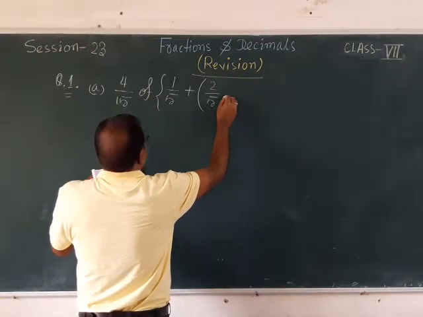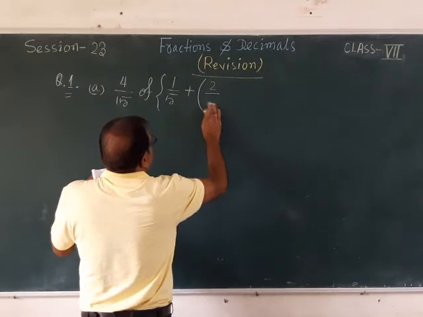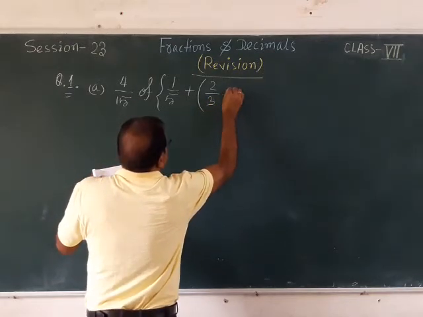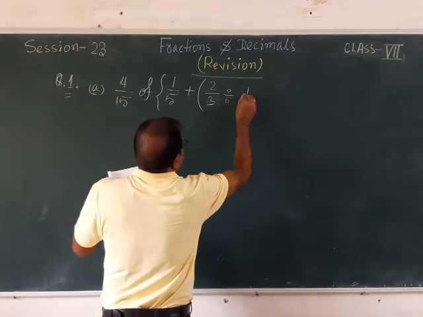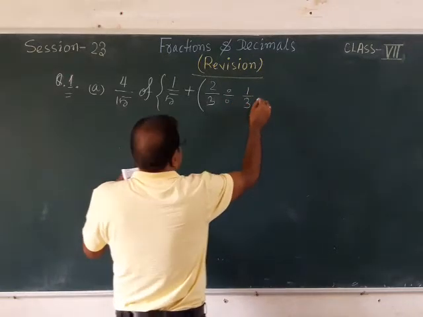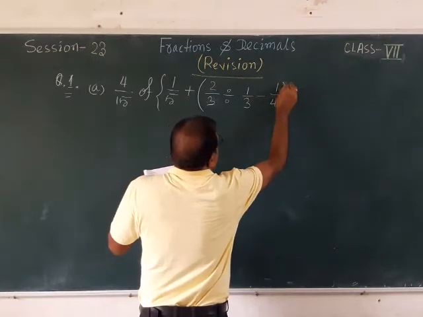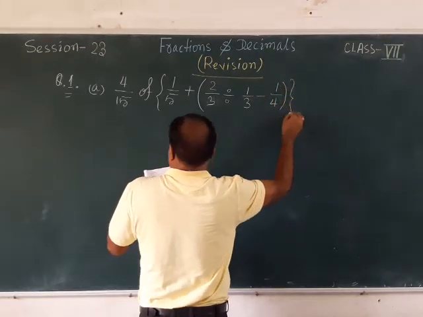It is 1 by 5 plus 2 by 3 divided by 1 by 3 minus 1 upon 4, and the brackets are closed there.